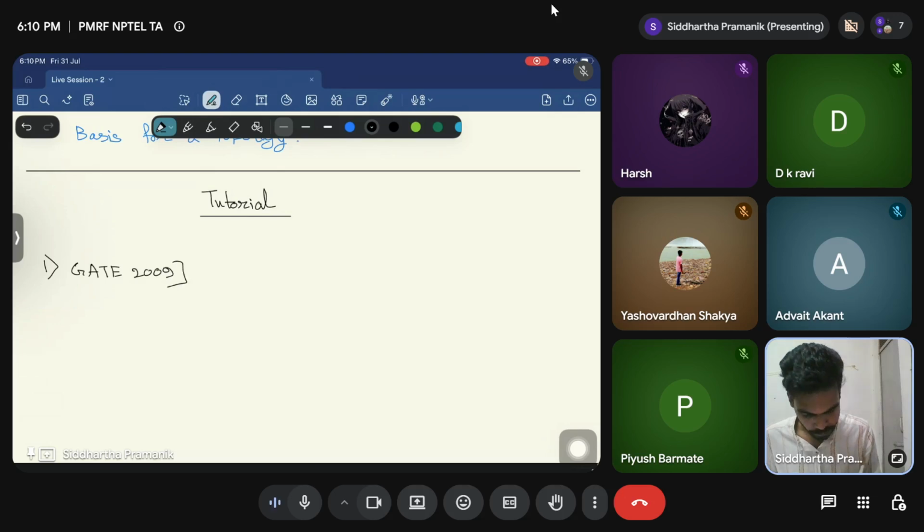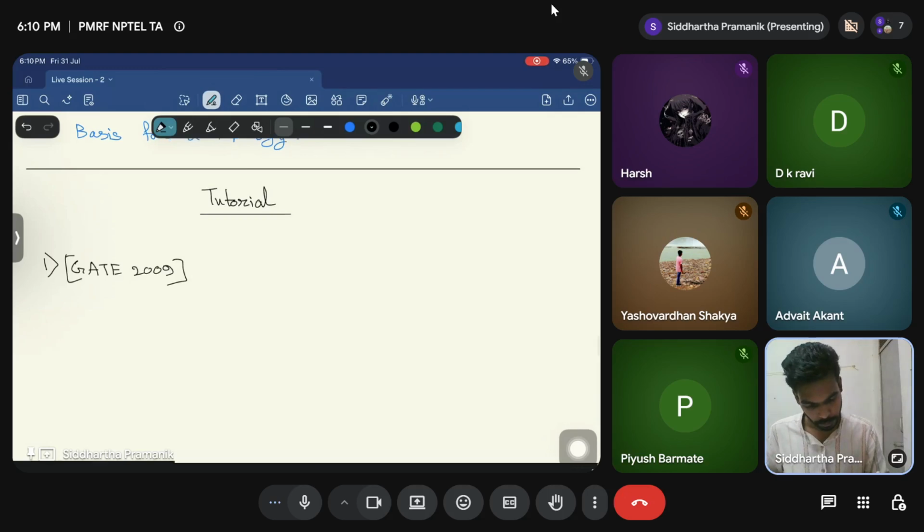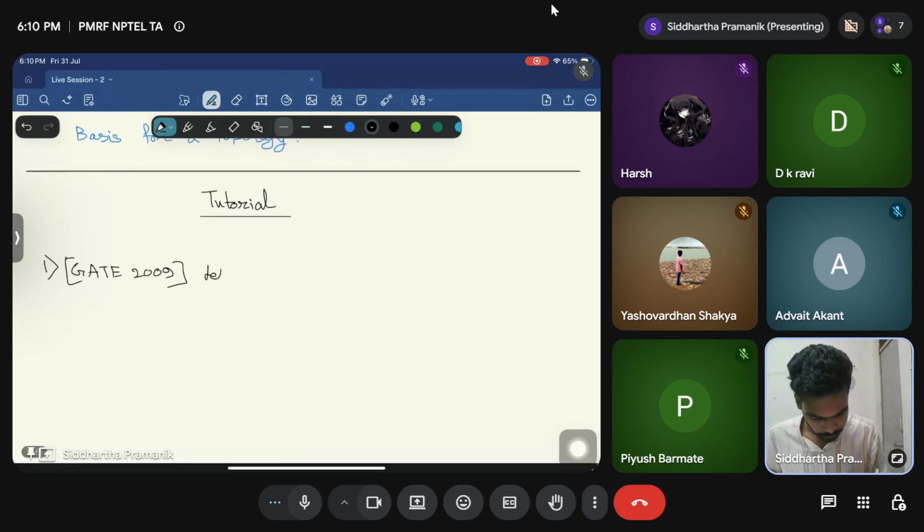So the first problem is from GATE 2009. Let me define two collections of subsets. The first one is all those subsets G of R such that either G is finite or G complement in R is finite.